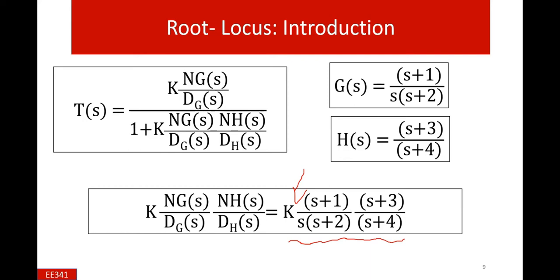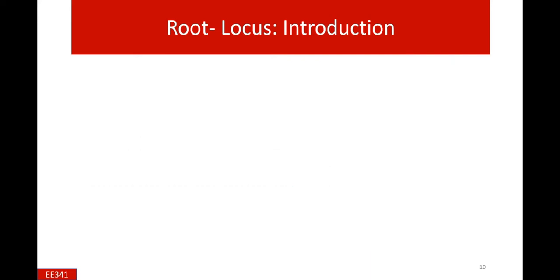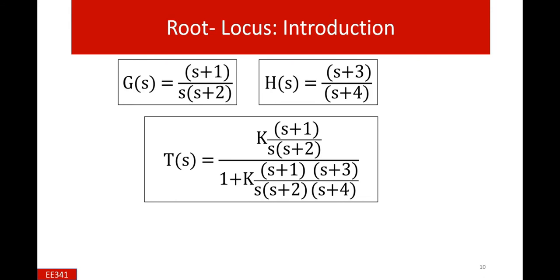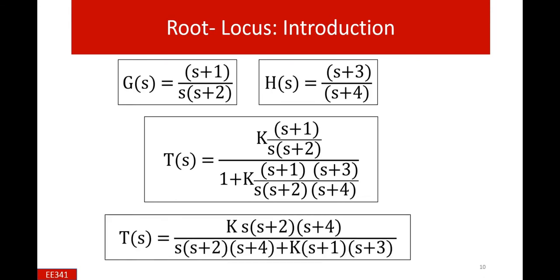So there are two zeros in the open loop transfer function and three poles of the open loop transfer function. How will this relation be helpful to understand the root locus? So be focused and try to understand the concepts. Again, to review the previous concept, if we put all these terms into the closed loop transfer function, then this is the closed loop transfer function.